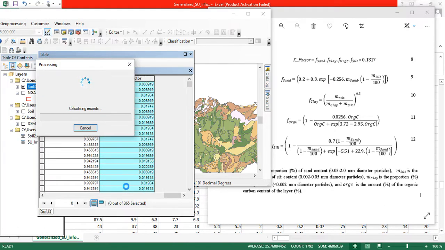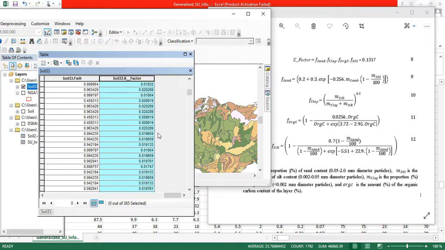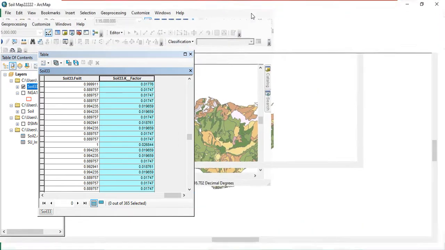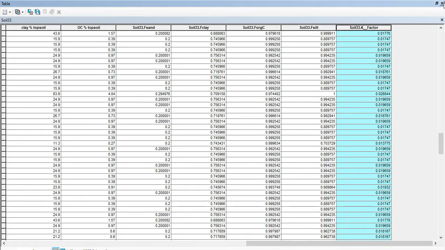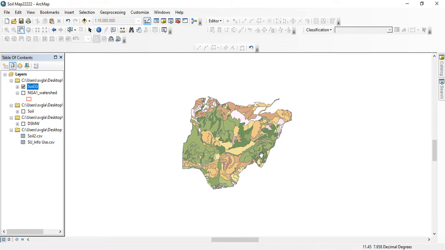Okay, now this is our K factor. Can now maximize. Now that we have the K factor, we now produce our soil erodibility map by converting this into raster.